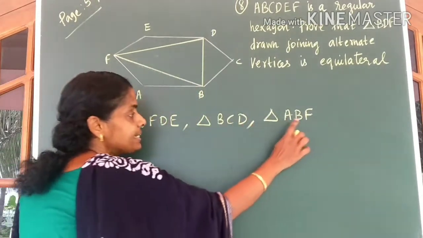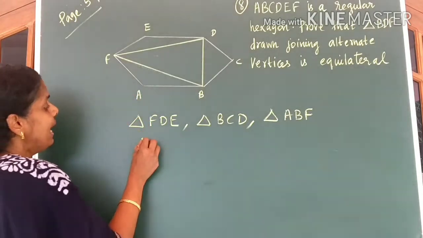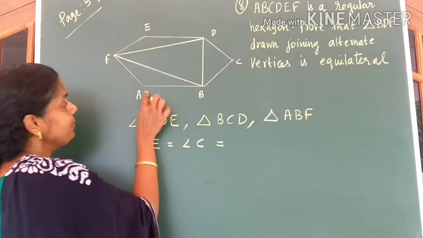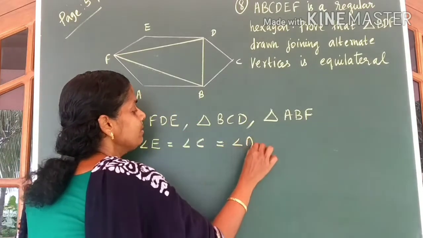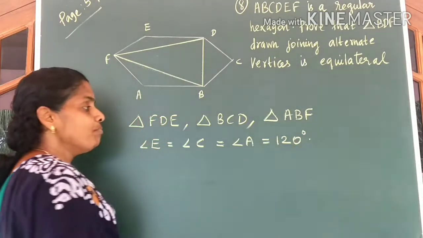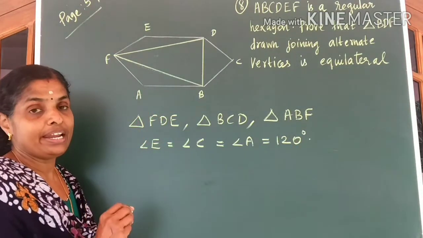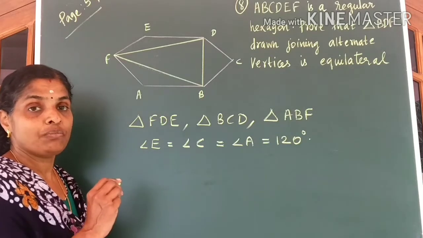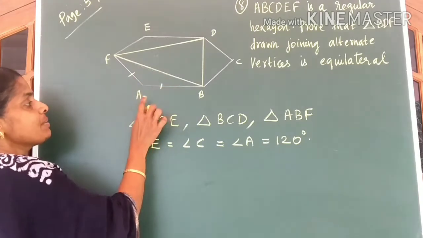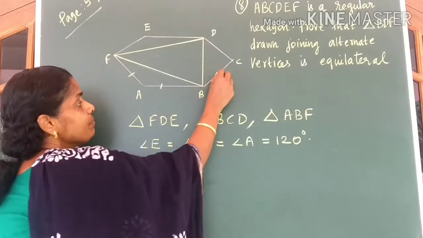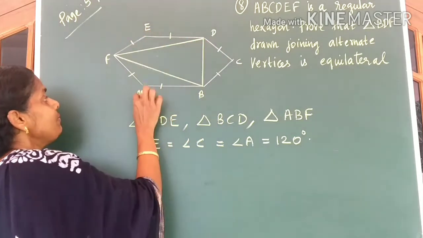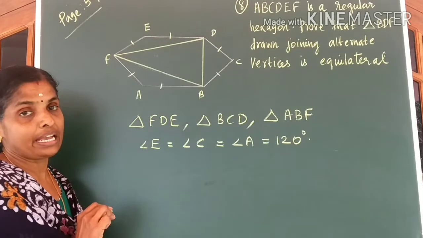In all the three triangles, angle E, angle C is equal to angle A, which is equal to 120 degree. Because we know in a regular hexagon, each angle is 120 degree. Now what can you say about the sides? We know AB, BC, CD, DE, EF and AF are all equal.